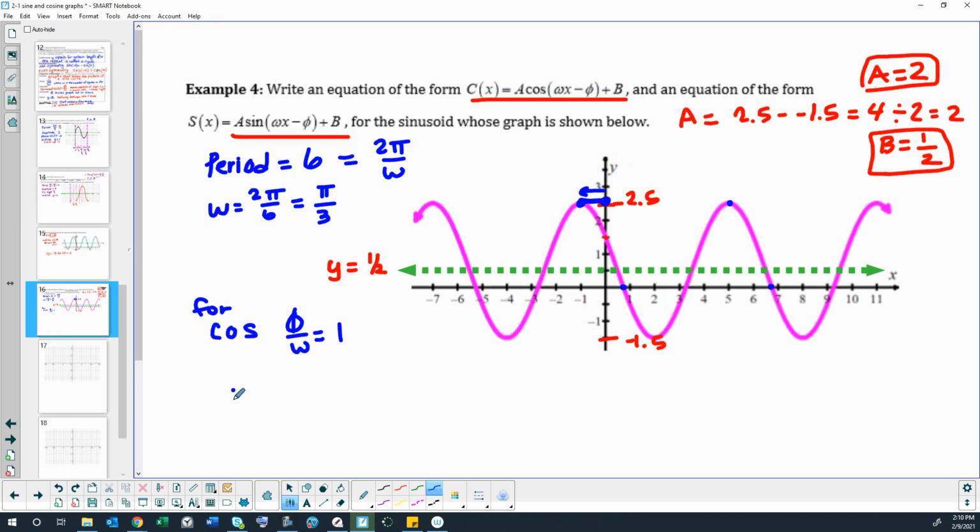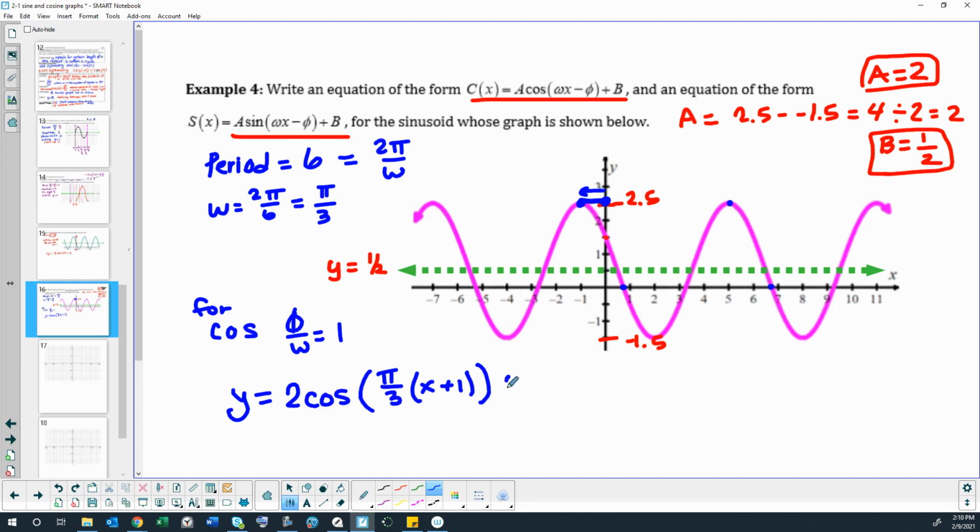Okay, let's put this together into our formula. So we're going to do cosine first. Y equals amplitude 2 times the cosine of omega, pi thirds, and then we're going to put our x here. And this moves to the left 1, so that would be a +1.